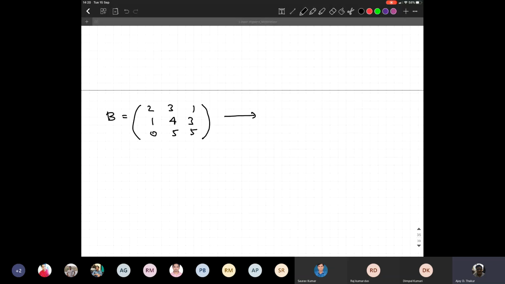So in order to get rid of some of the members, let's do one thing. There are many choices of this elementary row transformation, but let me just start with this one, E12 minus 2. So that would essentially mean that 3 minus 8 is minus 5, this is minus 5, this remains 1 4 3, this remains 0 5 5.